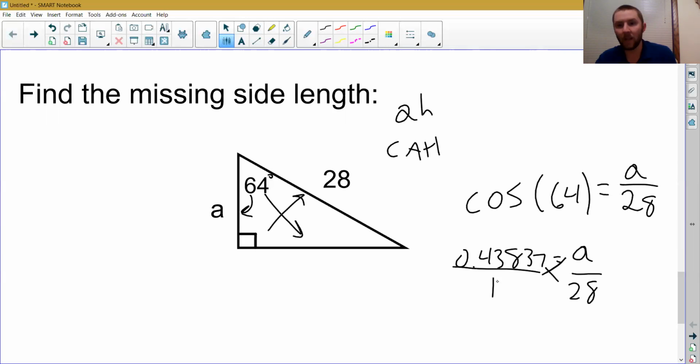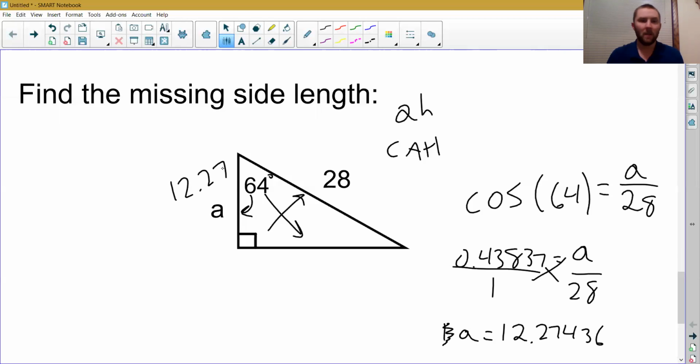I can cross multiply, so I can do 0.43837 multiplied by 28, and I get about 12.27436. And then the other one is 1 times A, which obviously doesn't do anything, so this tells me that A is equal to about 12.27. So A right here, this side length, is 12.27, okay?